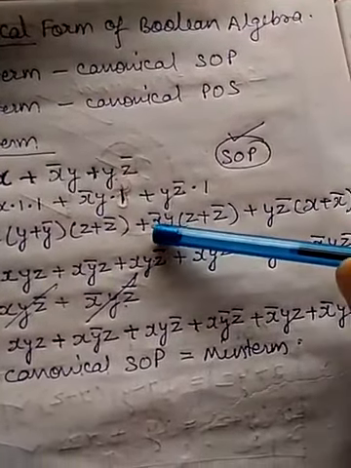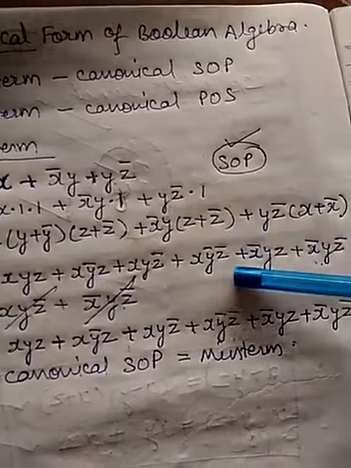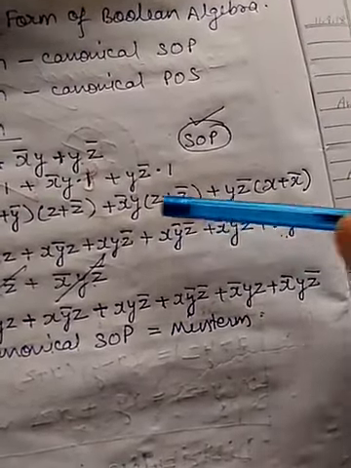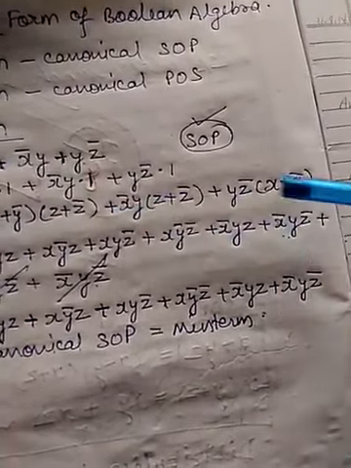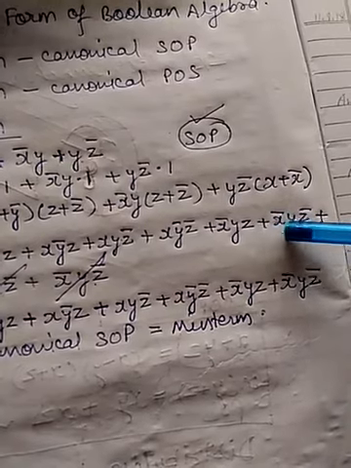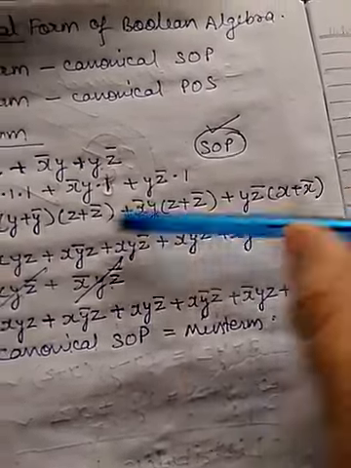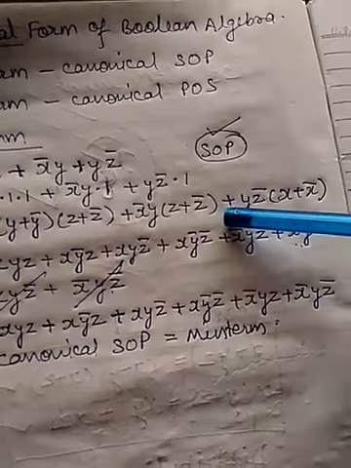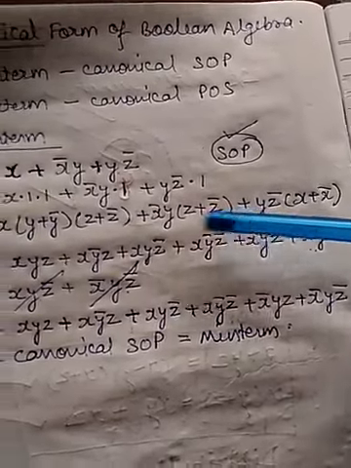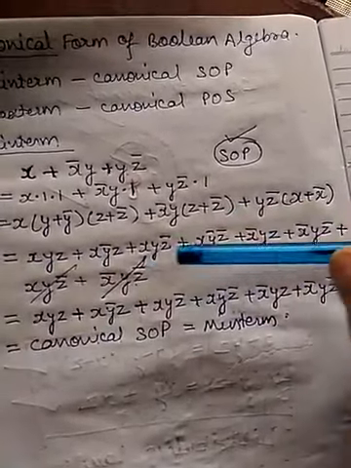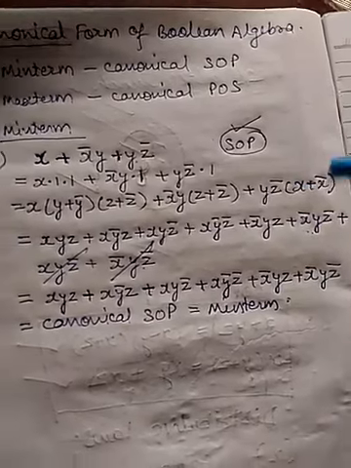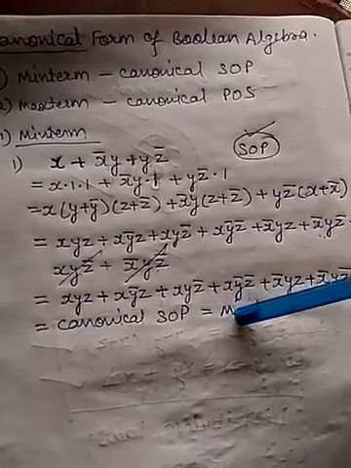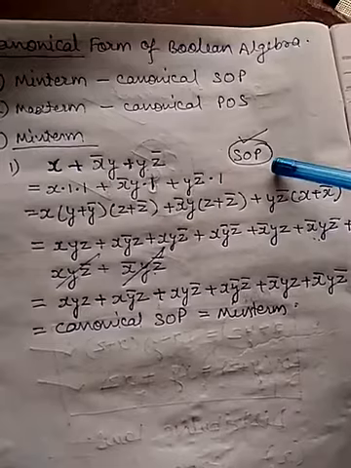Look at this: x naught yz, x yz naught, x naught yz naught. Meaning now you simply open the brackets and multiply as you do in mathematics, you will get this function. So this is the canonical form of the standard form.